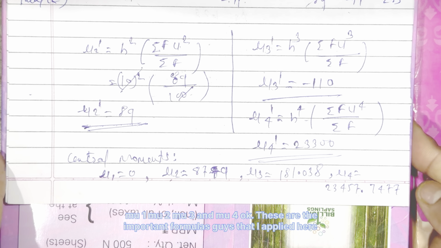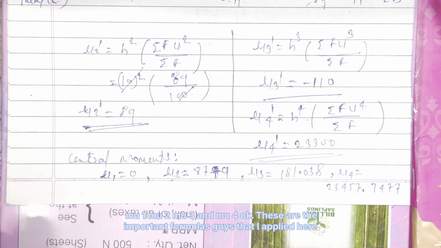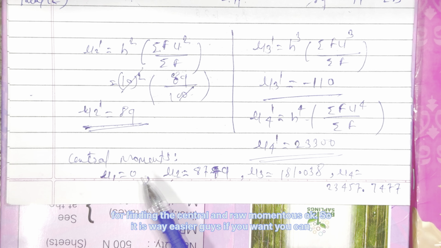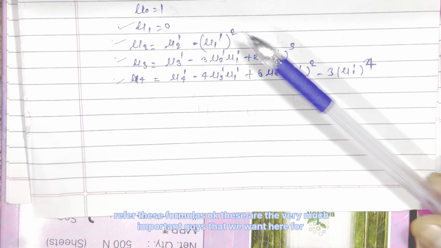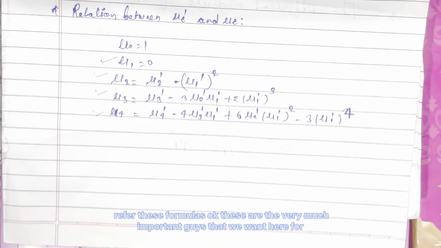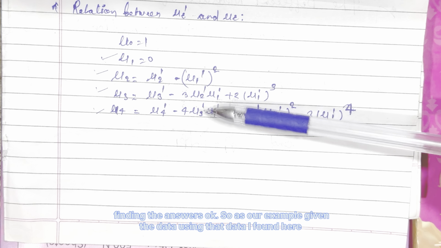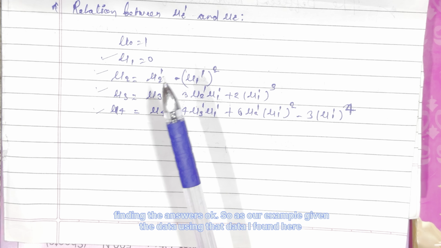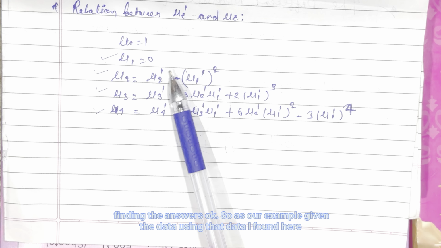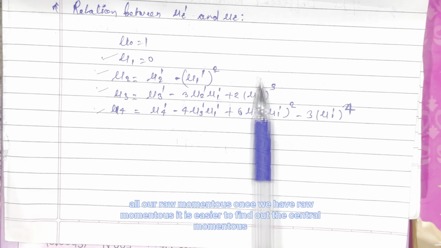These are the important formulas guys that I applied here for finding the central and raw moments. It is way easier guys. If you want, you can refer to these formulas. These are very important for finding the answers. As per our given example, using that data I found all our raw moments.